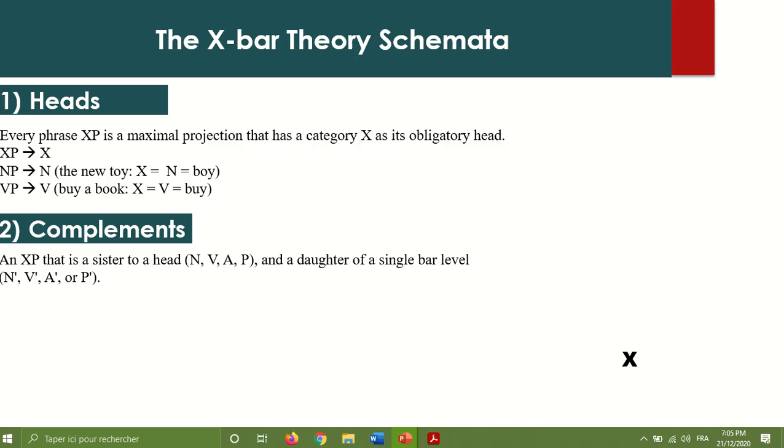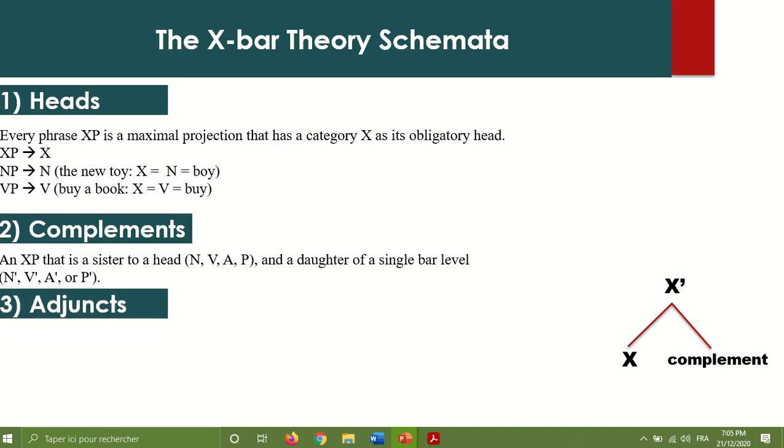Complements. Now, what are complements? It is an XP, a phrase, that is a sister to a head. So here the complement, as you can see, is sister to X, to the head, and a daughter of a bar level. And they are, if you remember, obligatory elements.